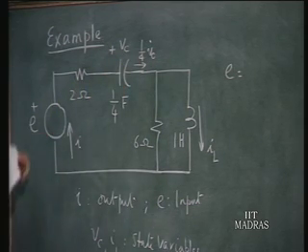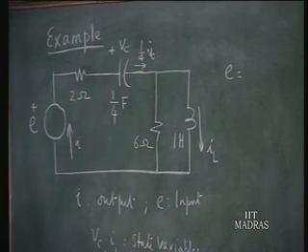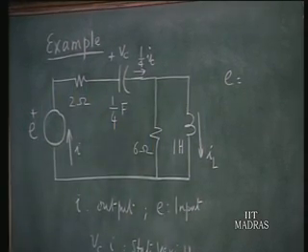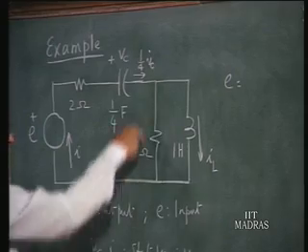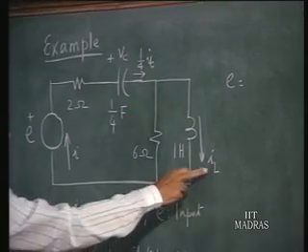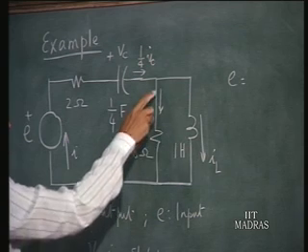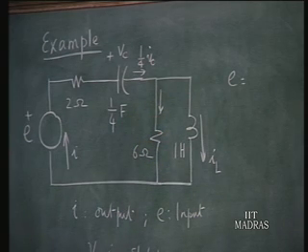So, if you write Kirchhoff's voltage law around this circuit, we have E equals this voltage plus this voltage plus this voltage. And what is this voltage? This voltage depends on the current here. This is IL and this is 1/4 Vc dot. Therefore, the current here is 1/4 Vc dot minus IL.